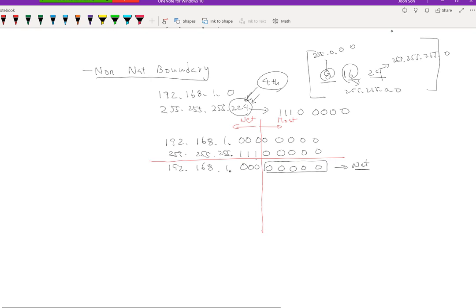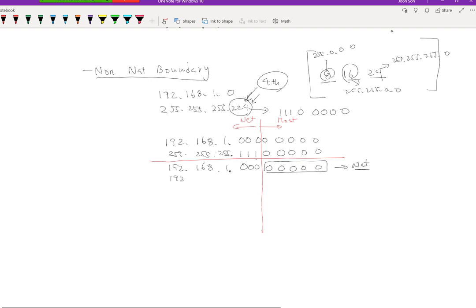And just like I said, this is a second definition. Of course, the first definition is the very first IP address in the IP table. And the second definition is the address which has all 0s in the host portion.